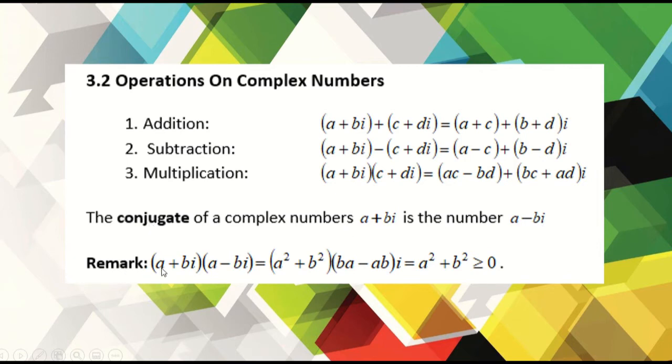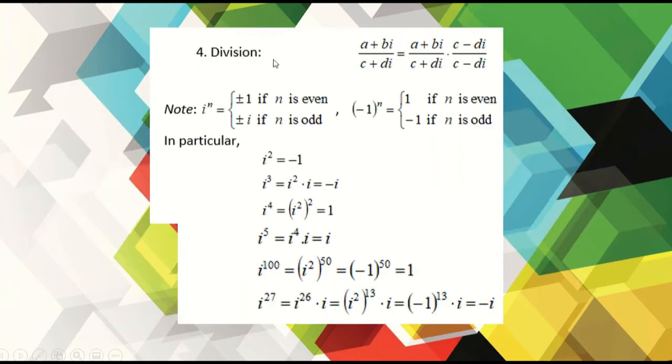So that is called the conjugate. Remark, a plus bi multiplied to a minus bi is equal to a squared plus b squared, that is greater than or equal to 0. Then we have division.